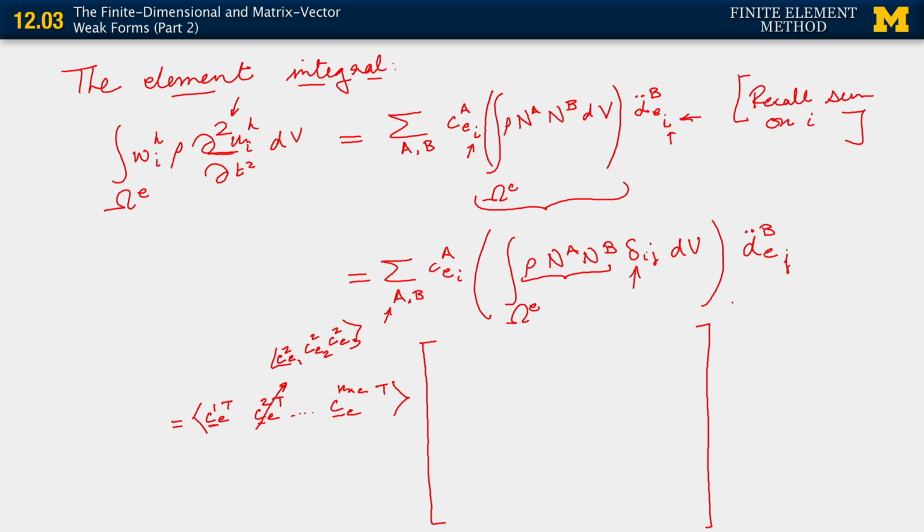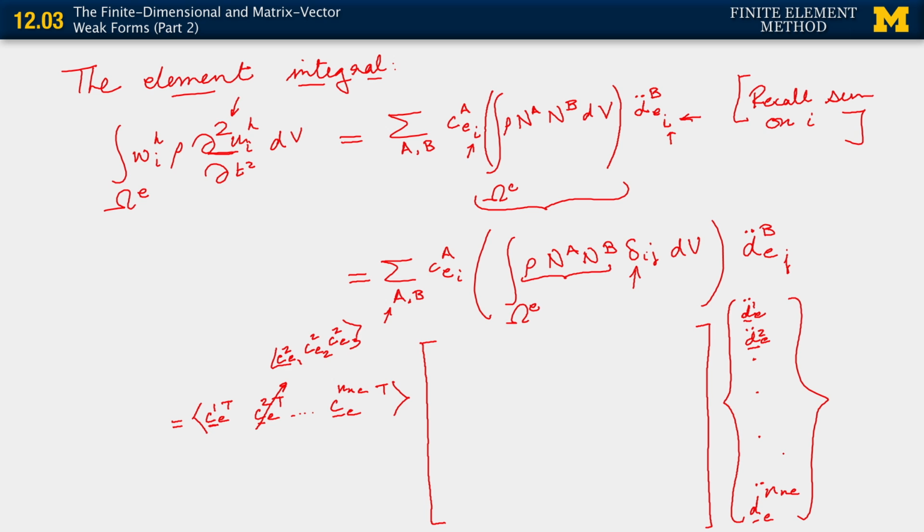And out here we get our vector of D1E double dot, D2E double dot, all the way down to D number of nodes in element E double dot.